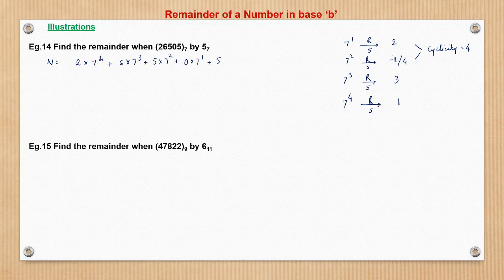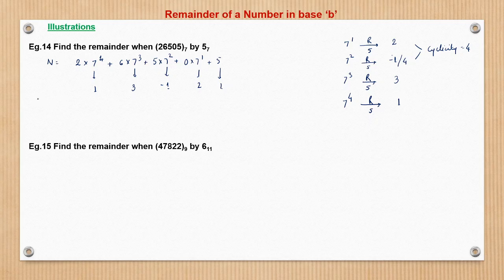Now we know that here the remainder of 7 raised to power 4 will be 1. 7 raised to power 3, the remainder is 3. 7 squared, the remainder is minus 1. 7 to the power 1, the remainder is 2. 5, that is 0.